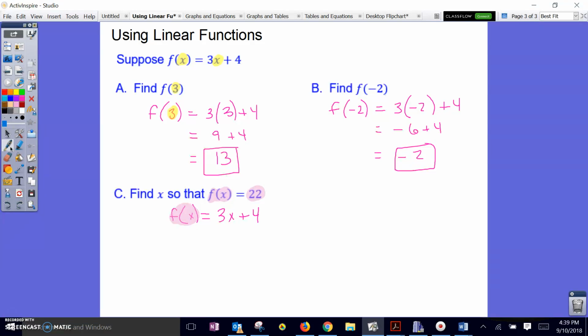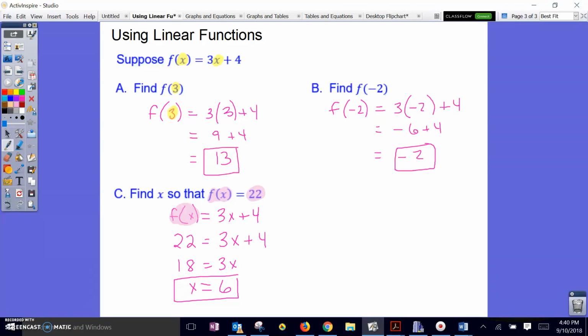And so I'm going to put 22 in here in place of f of x and set that up. And now I just need to solve this for x, so I'm going to subtract 4 from both sides, divide both sides by 3, and I find out that x is 6 when f of x is 22.